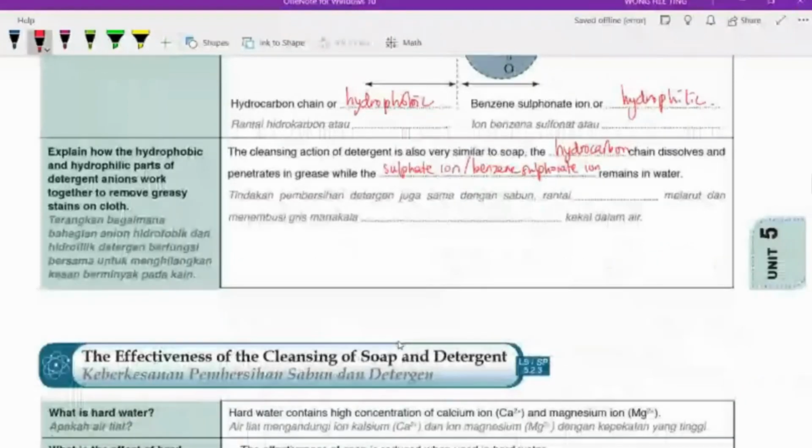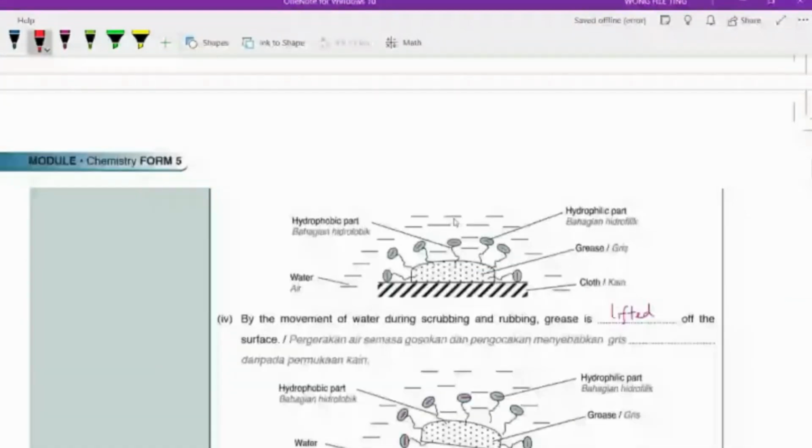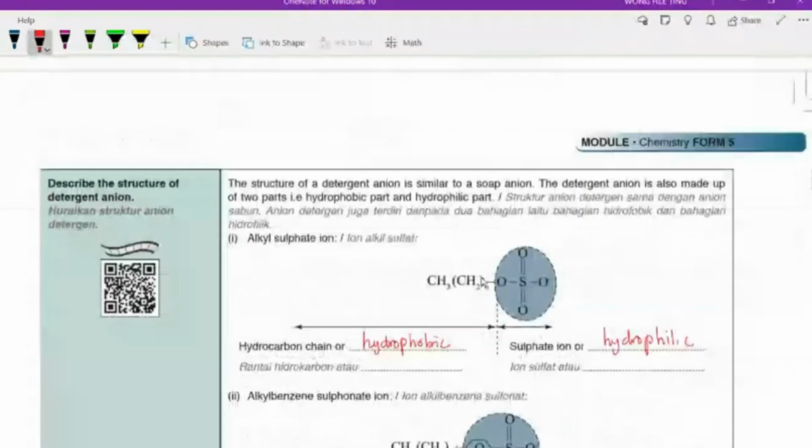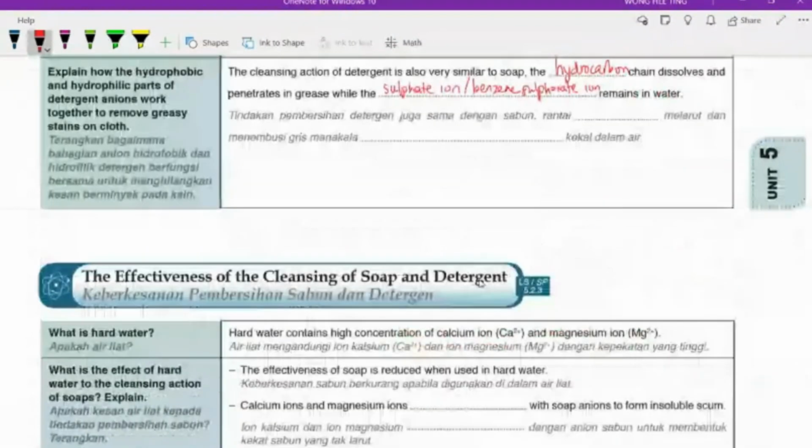Okay, and then the process is the same. So then you can clean the cloth.